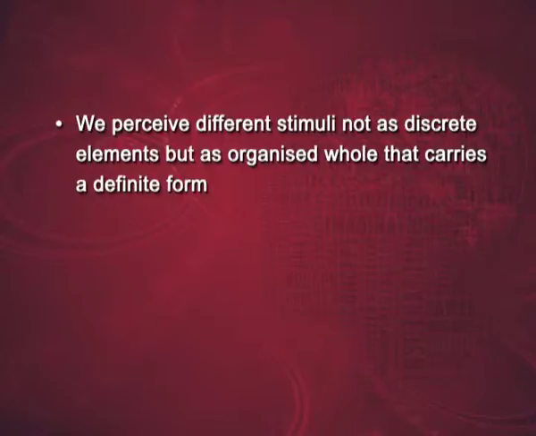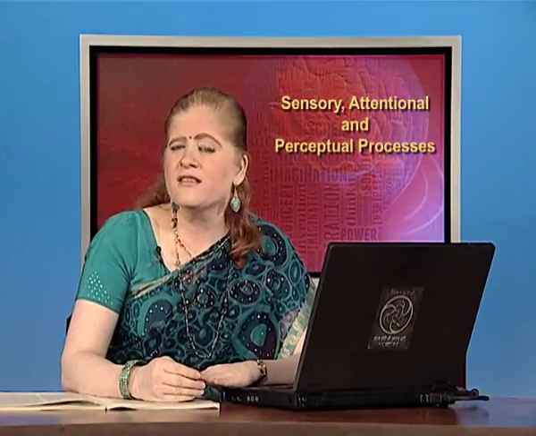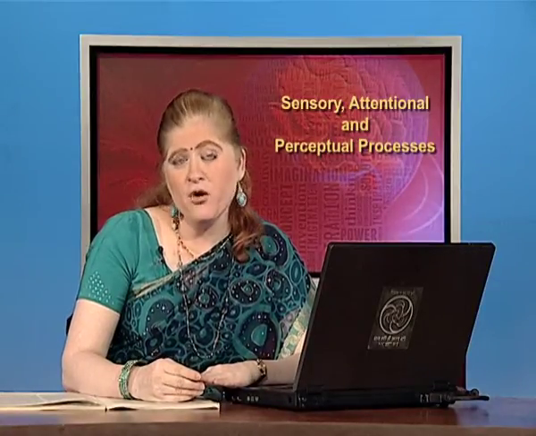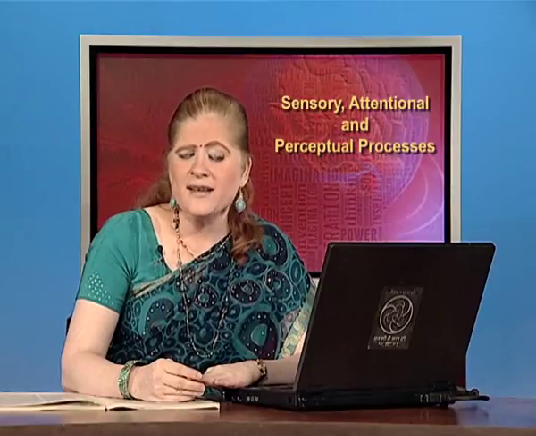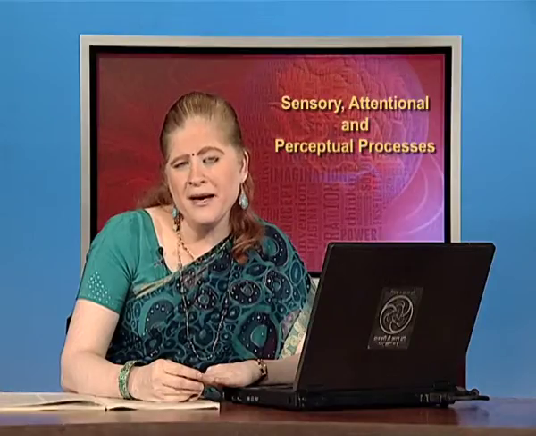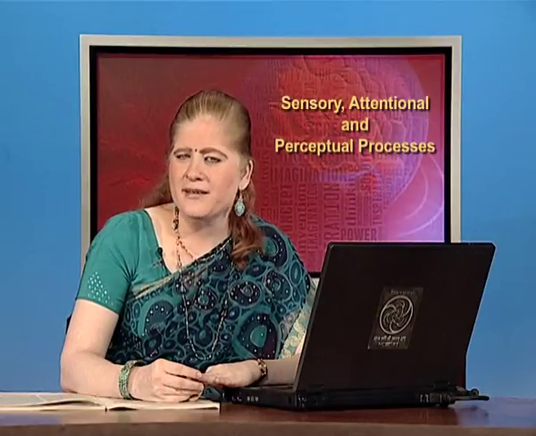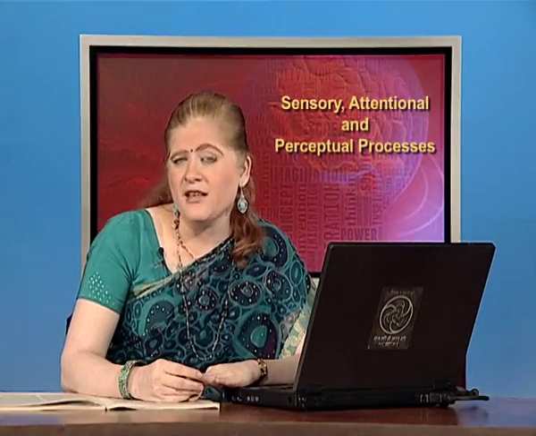To explain this and to give clear understanding, they have given us certain laws. Before we go to these laws, let us understand the concept of good figure or the concept of pragnanz or simplicity that our brain and cerebral system aim at. By default, our cerebral system wants to see things in pragnanz, that is, as simple as possible.